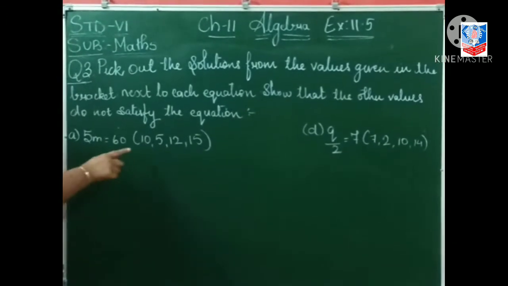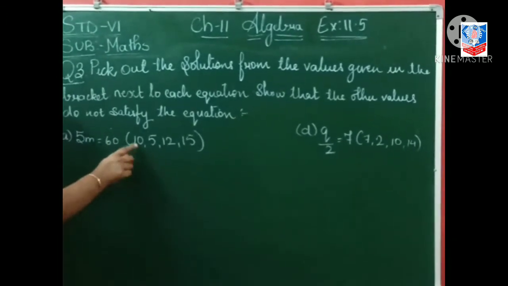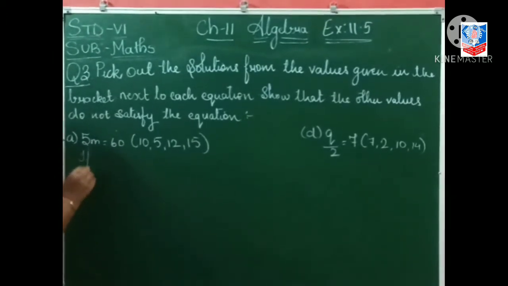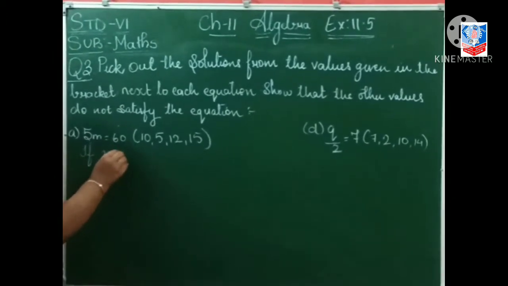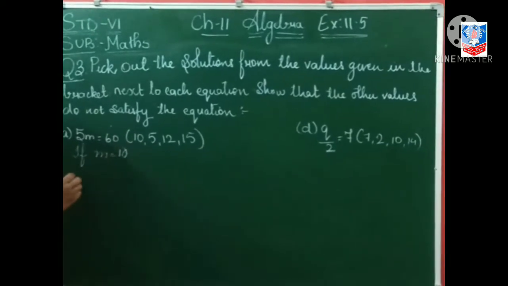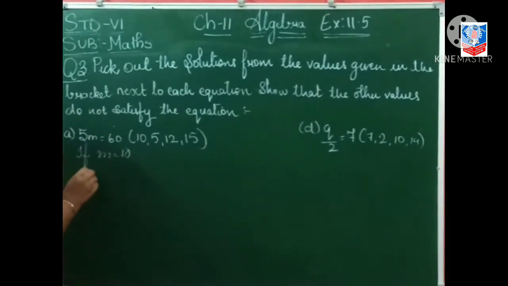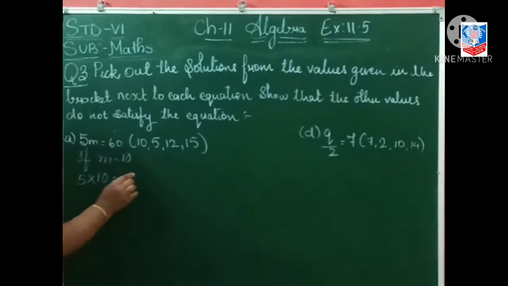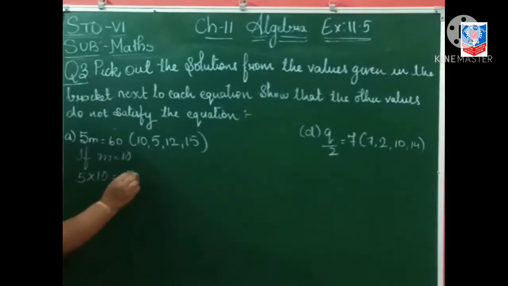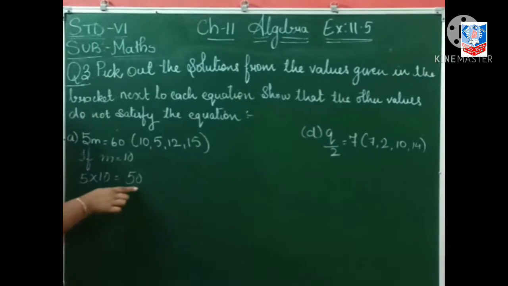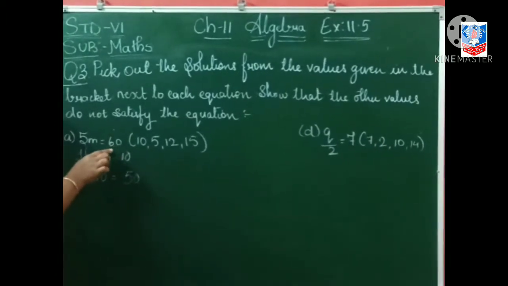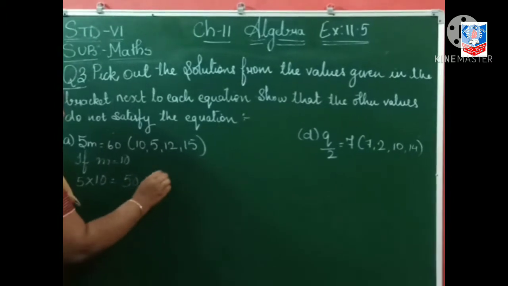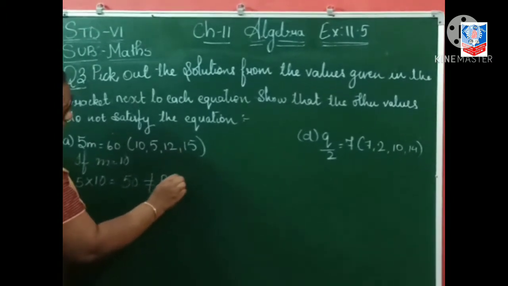Now see, if m is equal to 10, then 5 into 10 is 50. This is our left hand side. Left hand side is 50 and right hand side is 60. That means left hand side is not equal to right hand side.